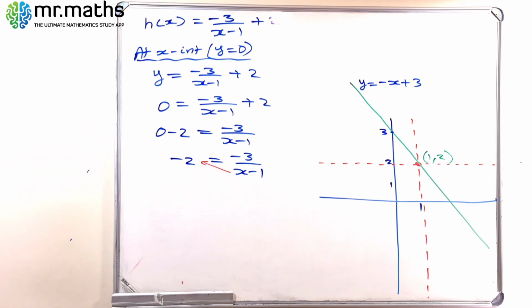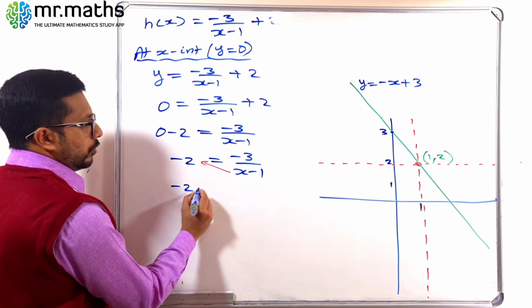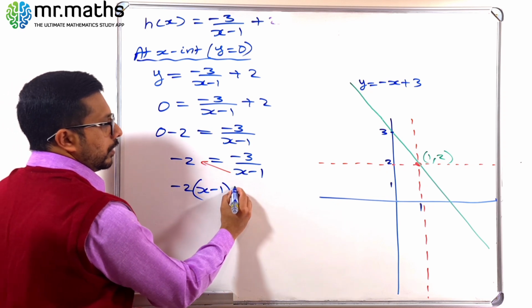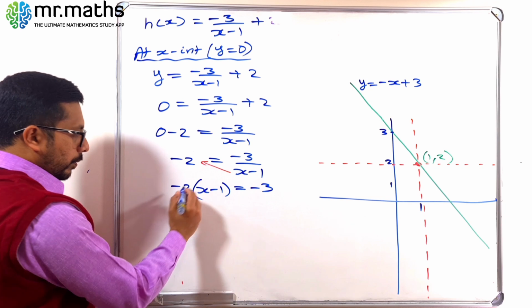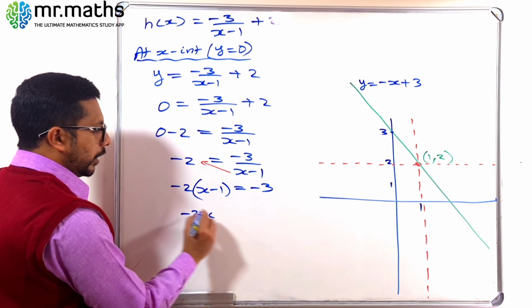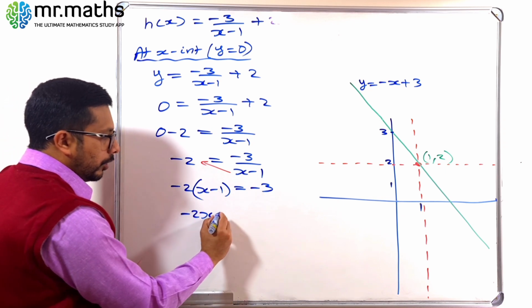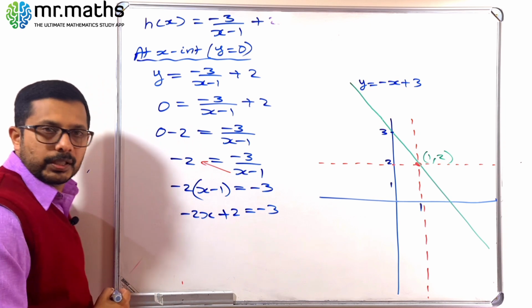So when you cross multiply, that x minus 1 comes to this side: minus 2 into x minus 1 is equal to minus 3. Expand the bracket. Minus 2 into x is minus 2x, minus 2 into minus 1, minus into minus is positive, 2 into 1 is 2, is equal to minus 3.